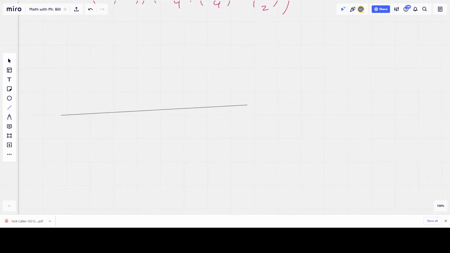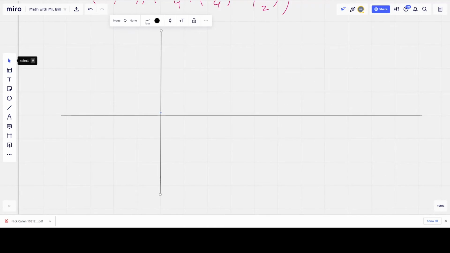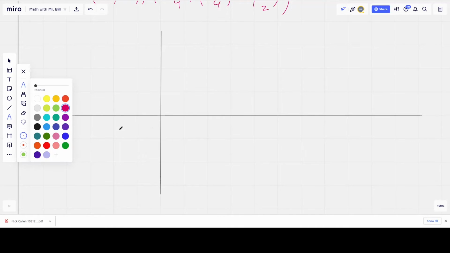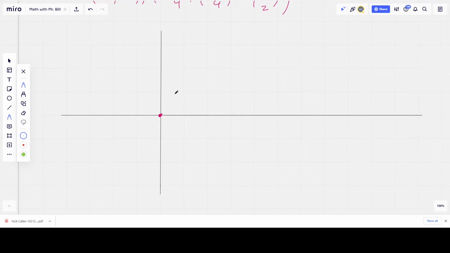So we'll get a coordinate plane here, and we'll put in our key numbers here. So we know we've got something at 0, 0, and then there's negative 1/4, and then this will be 1/8 right here.